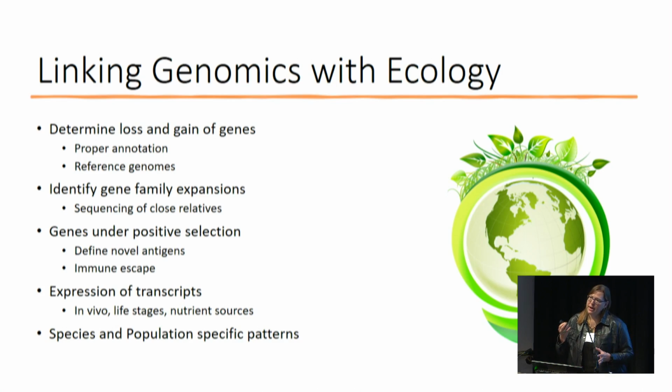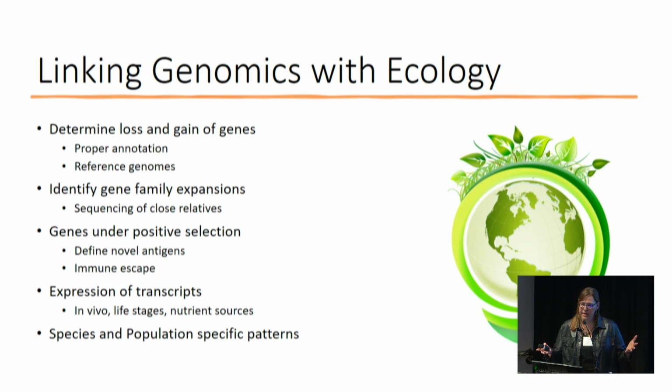I also think a lot about how I'm going to be linking genomics with ecology and how we do that. And I think Jason Stajich is probably going to speak to this a little bit more specifically in his talk next. So thinking about gain and loss of genes, right? Just as I gave a small example of that, that was based on a very small data set.